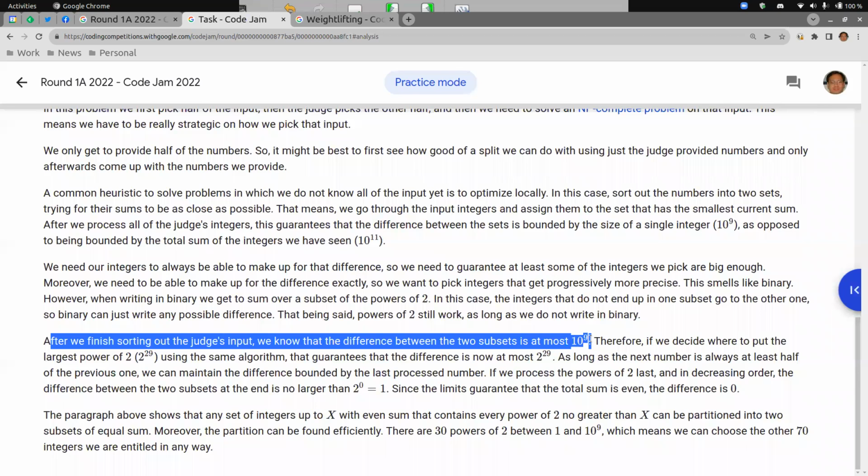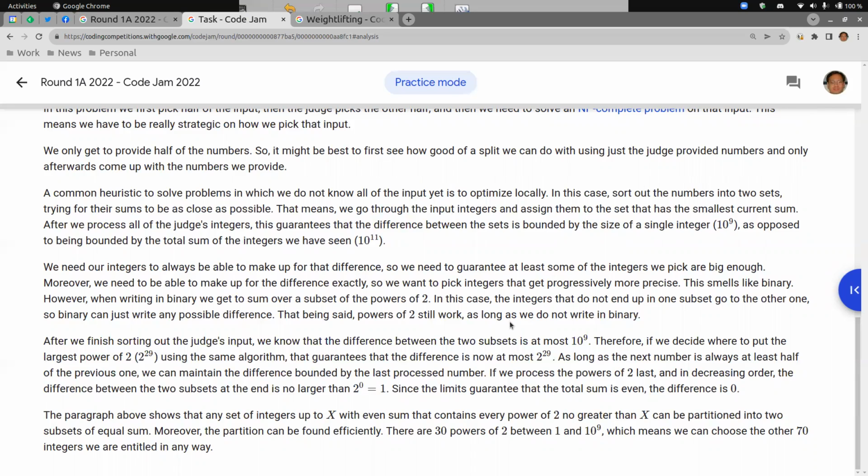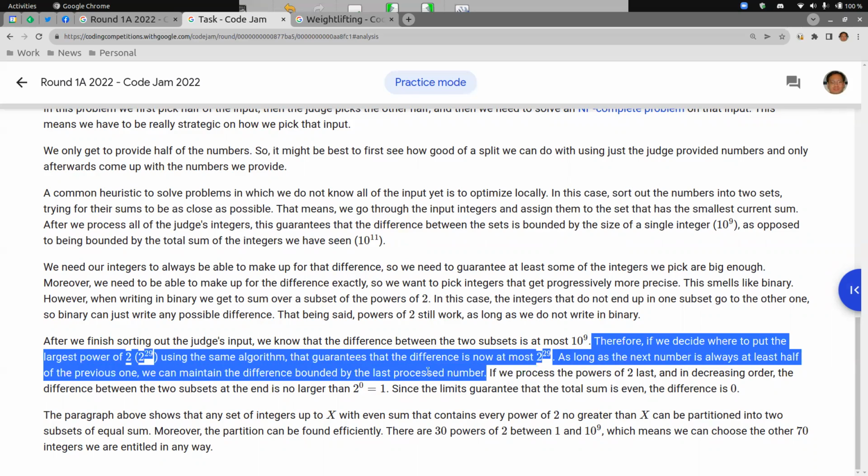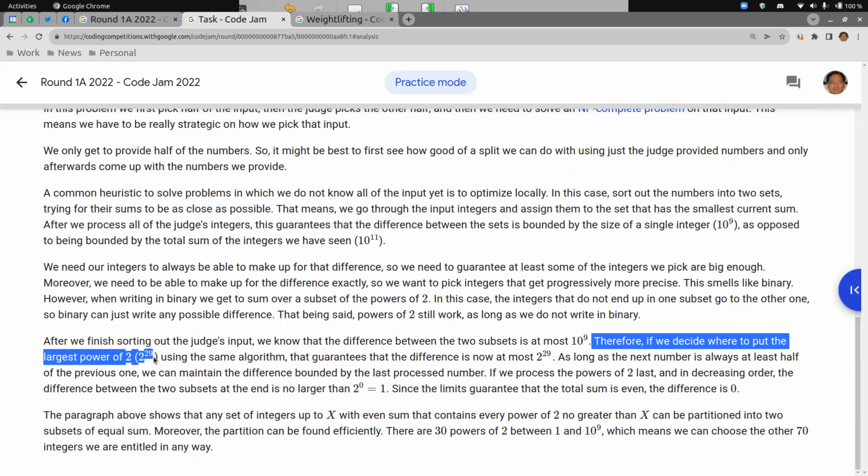They decide to split the judge's input into two subsets as equal as possible, and then do a binary expansion of the difference or something like that.